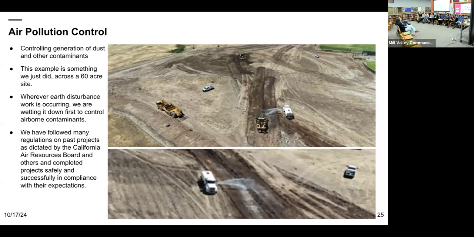We are not a stranger to controlling contaminants such as those. You'll notice these photos are an example of a 60-acre high school site that I personally managed, where we disturbed a lot of earth through earthwork activities, which was definitely prone to creating dust and problems. And so our mitigation measure is to wet the soil down before any dirt moving occurs, and it worked out great.